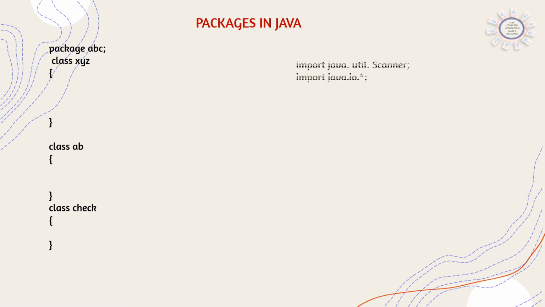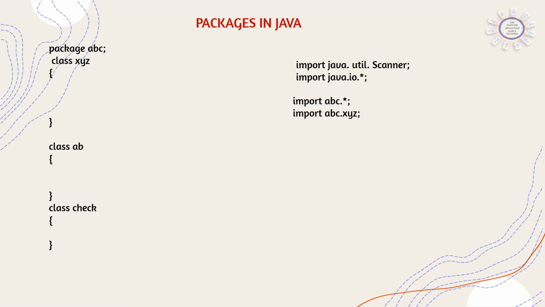And now if you want to import this package, just like we call the predefined packages, for example, import java.util.Scanner or java.io.*, we can call the user-defined package also to our program by using import space ABC, where ABC is the package name, dot star.